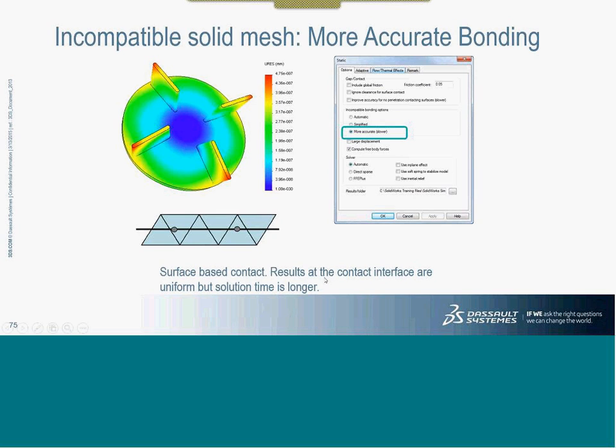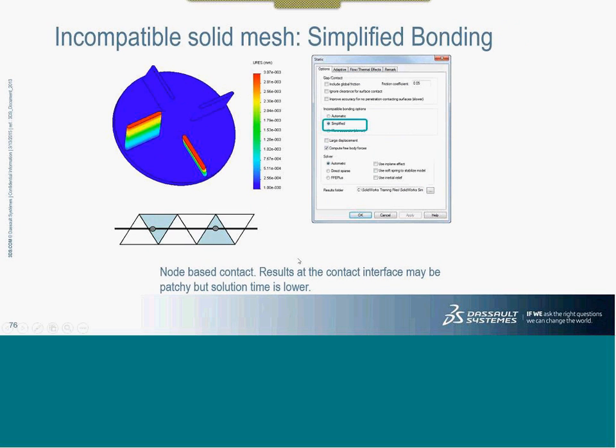Let me check if I have a different image. Yeah, these two. The old way of doing it, the image in front of you, is basically a node-based contact.